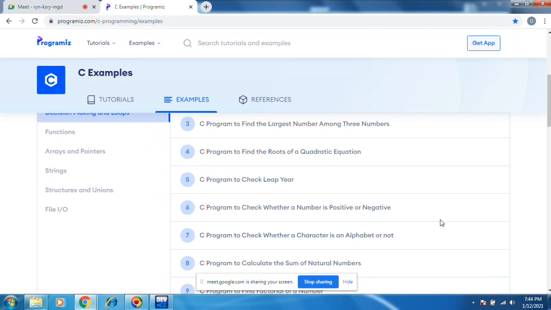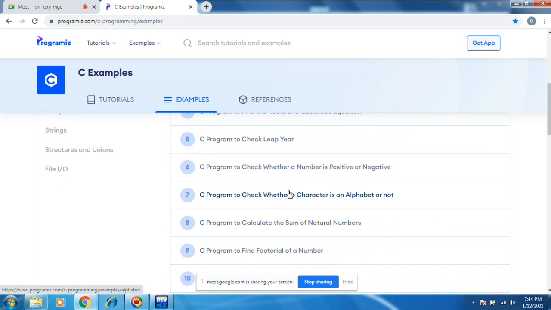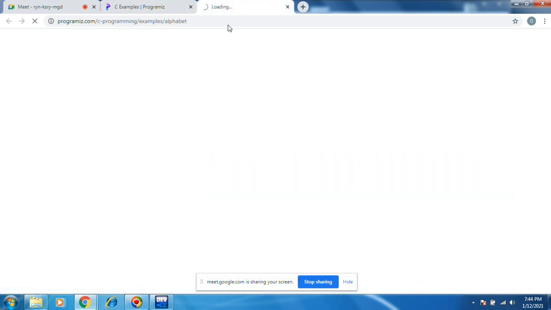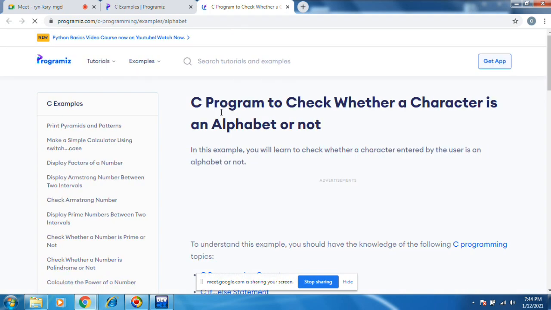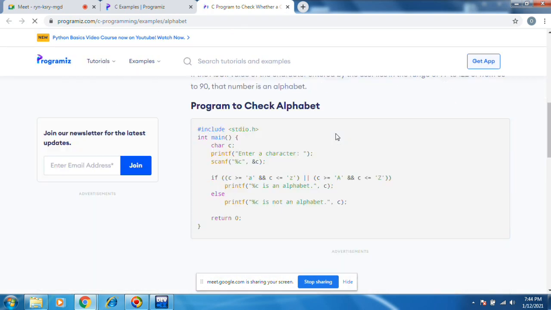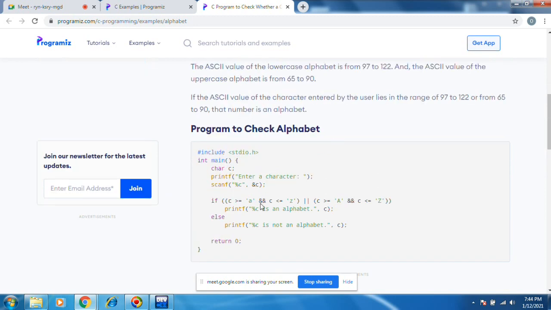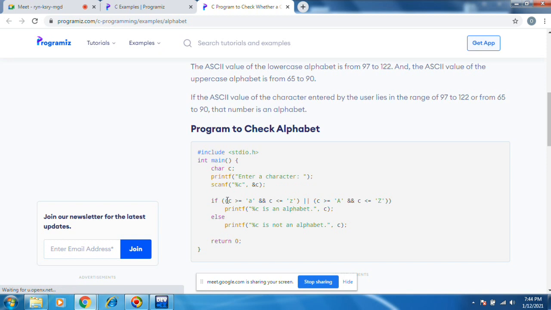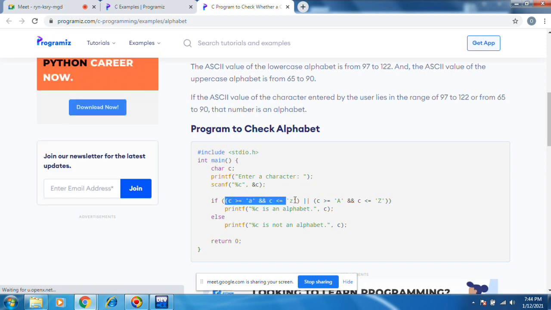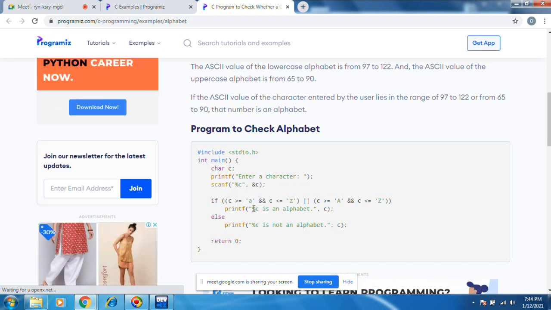Same thing, alphabet or not, you can also check. I will show you here. Practice once. Check whether it is a character and alphabet, how they are doing. Reading the character, if the character is between A and Z, either small letter or capital letter, that's why it is an alphabet.